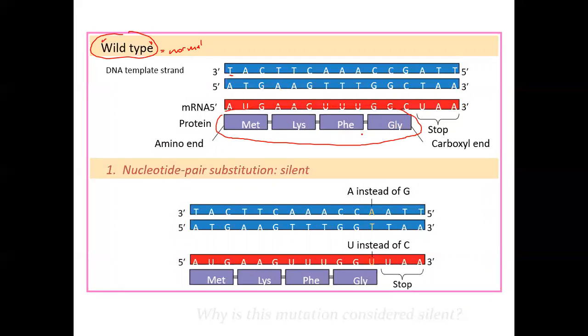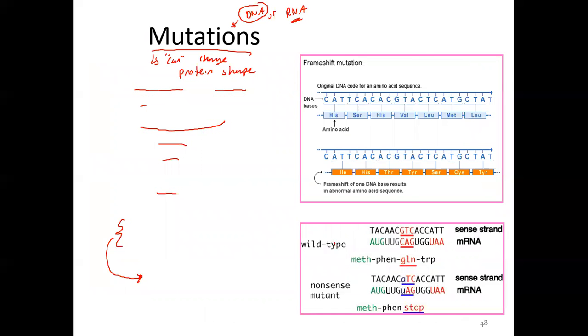Okay. Now notice right here we have an A, but if you look here, it was a G. So we have an A instead of a G. Now when you look at your codon sequence, it goes AUG, AAG still codes for lysine, UUU, and that's still the same. But now when we get to this last one, the original wild strand was GGC, coded for glycine. GGU also codes for glycine. We can get confirmation here.